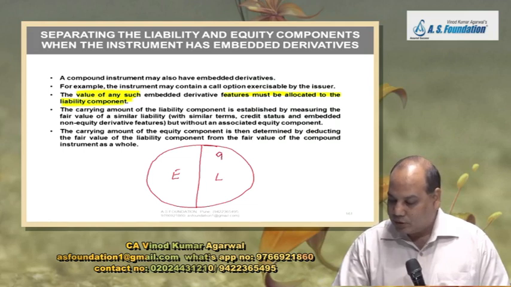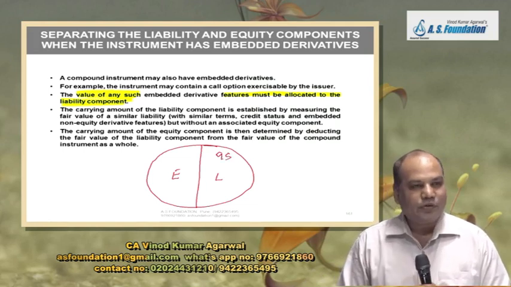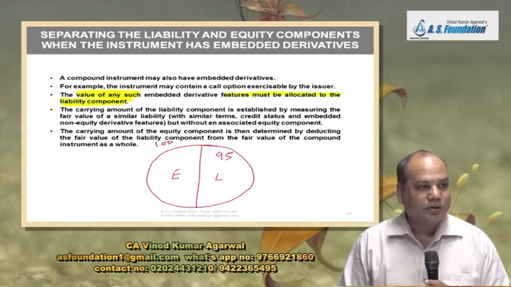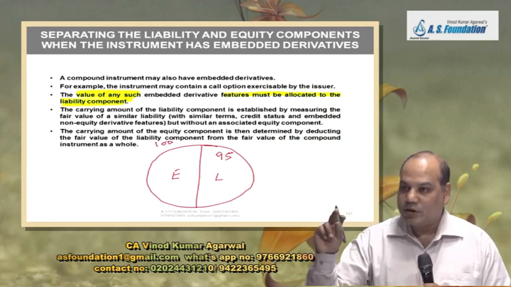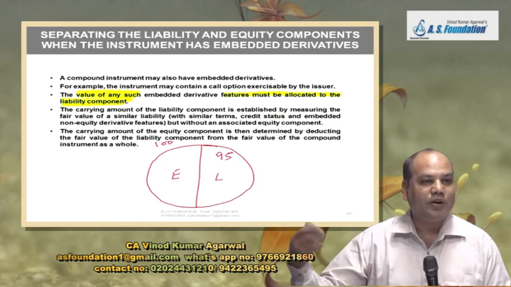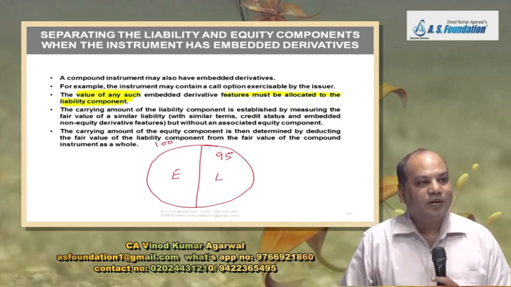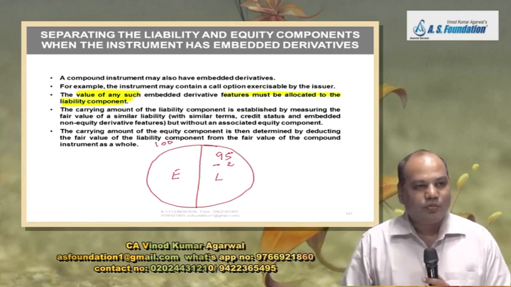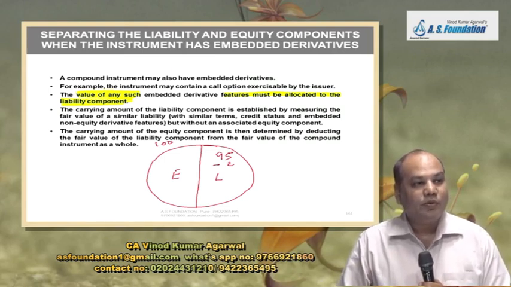First, to value the liability component, say it comes to 5. Total value of the compound instrument is 100. But this time there is a call option also embedded in this bond. Call option is like a premium paid by the company. Let us say the value of the call premium is 2 rupees.